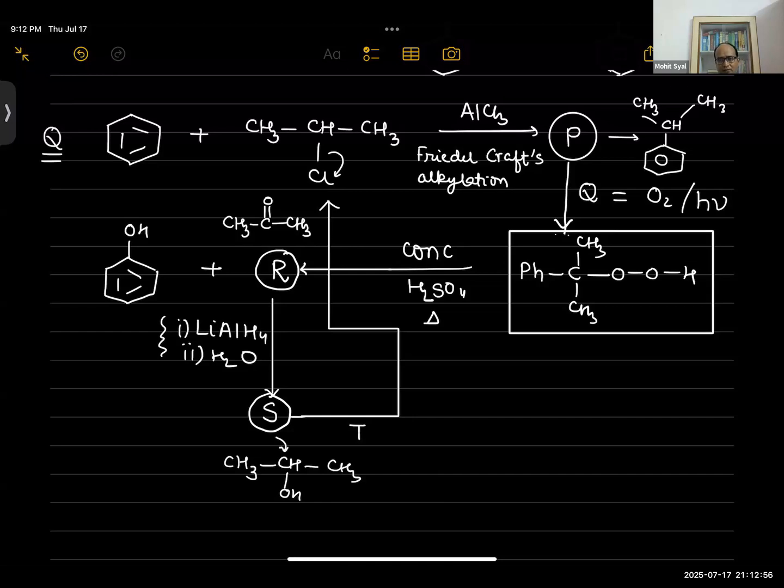Reduction. We have seen it, Marwa, Jasleen, in today's class also. Next is this one. How can you convert this alcohol to alkyl chloride? This we had seen in the previous chapter, but both are interconnected.